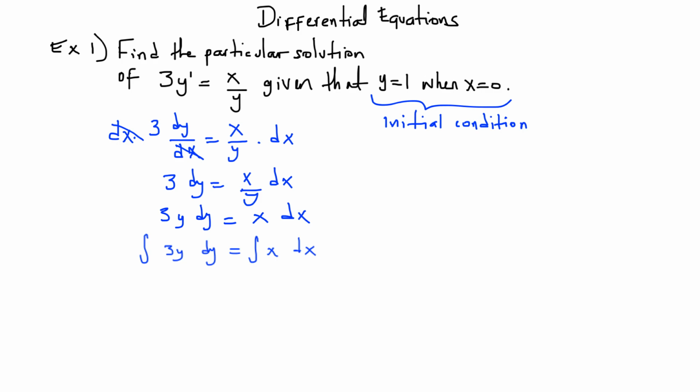The integral of 3y, with respect to y, would be 3y squared divided by 2, plus, just for now, its own c value. And then I integrate the other side, and that would be x squared over 2. And this also has its own c value.